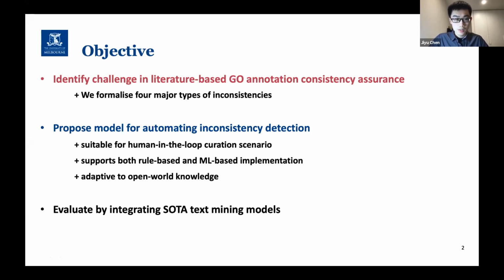Our approach is adaptive to open-world knowledge, such that it can address consistency assurance with respect to the constantly updating GO vocabulary and newly published studies. We also integrated a state-of-the-art text mining model and evaluated its effectiveness in detecting different kinds of GO annotation inconsistencies using a set of quantitative evaluation metrics.